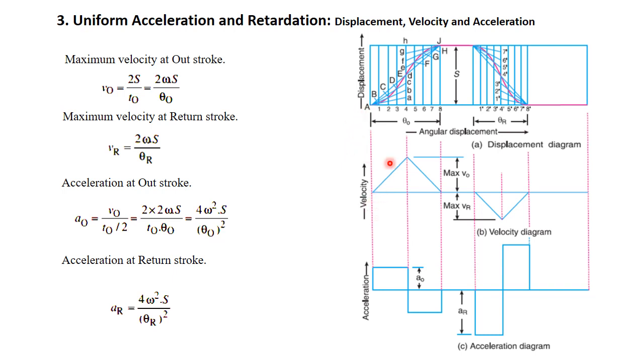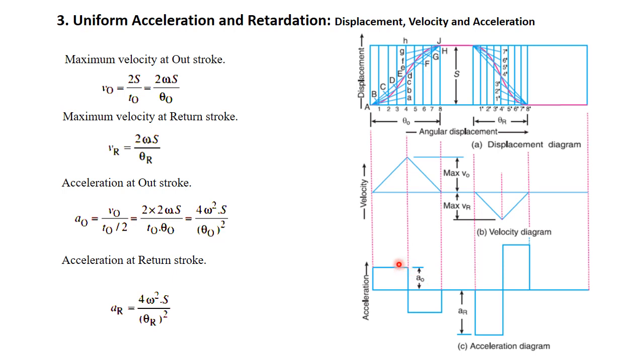Second, here the velocity. This shows that as the acceleration is constant, the change in velocity goes on increasing, and at the mid position it goes on decreasing. So it has uniform acceleration during half of the period and uniform deceleration during half of the outstroke.